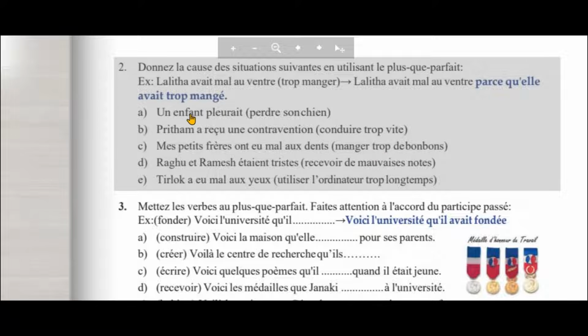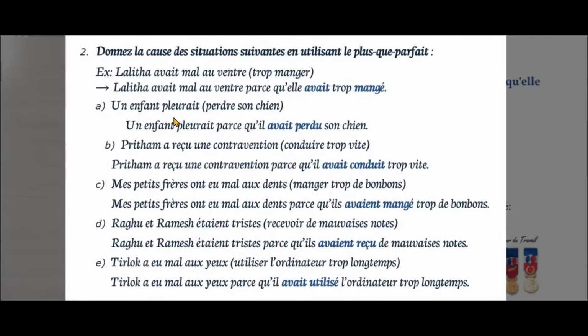So look at the first sentence. A child was crying. So you're going to say a child was crying, and then you include the expression of cause, which is parce qu' with the apostrophe here because il is a vowel. A child was crying because he had lost his dog. So again, you can see avoir in the imparfait form.